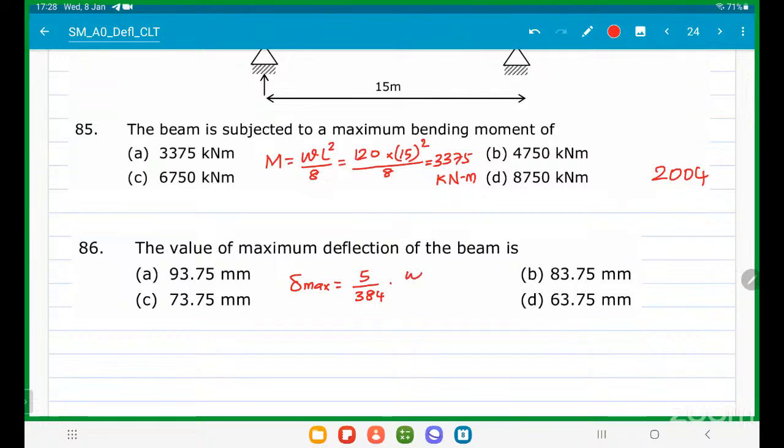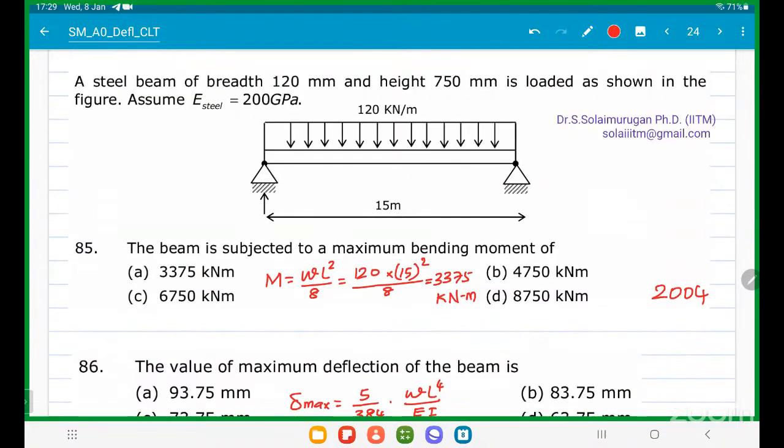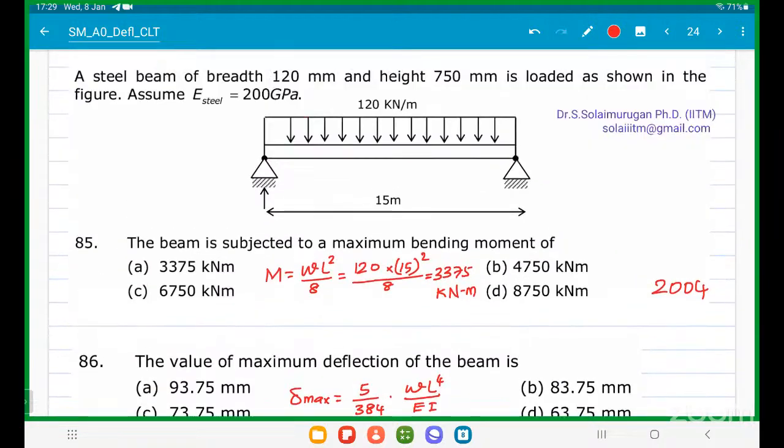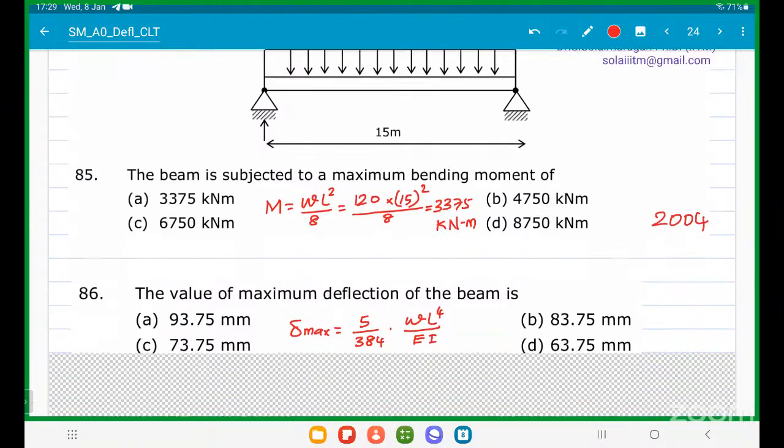Into small w L power 4 by EI, equal to 5 by 384 into small w. How much? 120 kilonewton per meter. Correct? Right.